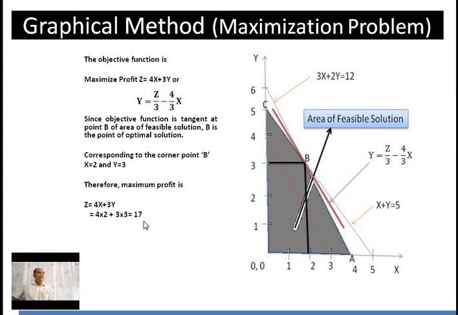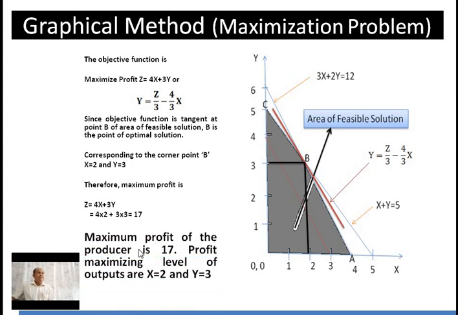So the maximum profit of the producer is 17, and the profit-maximizing levels of output are x is equal to 2 and y is equal to 3.